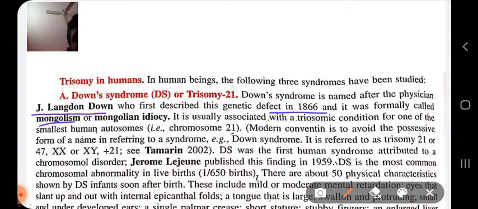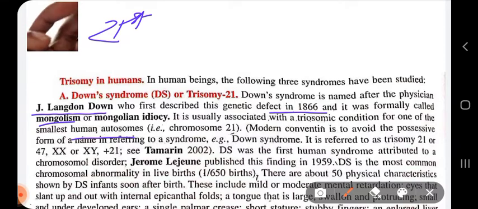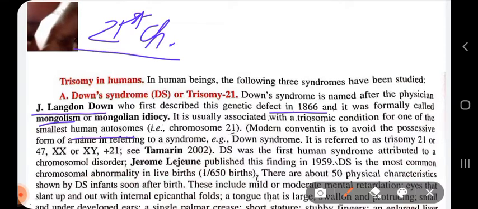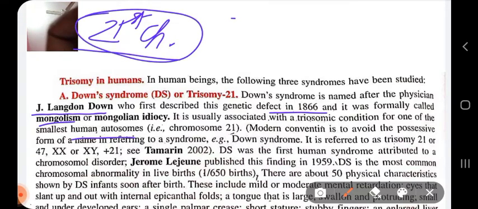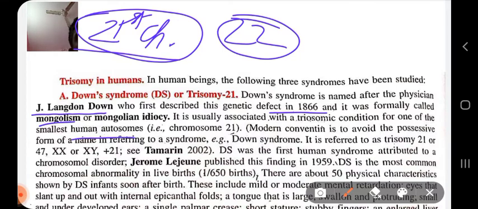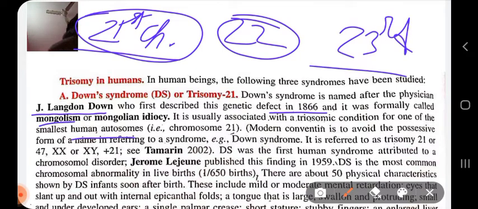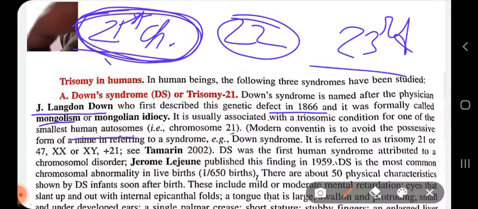This occurs in human autosomes because the 21st chromosome in us is actually an autosome. The first 22 pairs of chromosomes are autosomes, while the last pair, the 23rd pair, is called the sex chromosome. So it occurs in the autosomes, so it is functionally important.